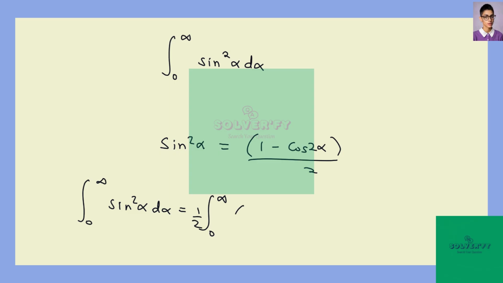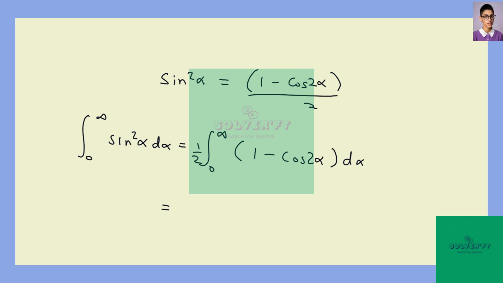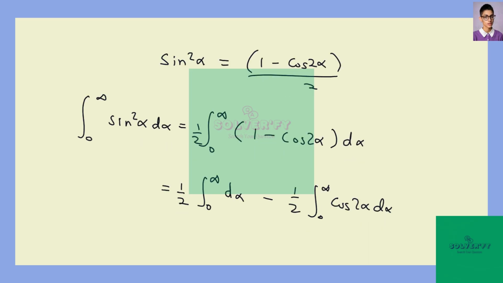We can bring the half out so that we have 1 minus cos 2 alpha. So we split it into two: half the integral from 0 to infinity of d alpha, minus half the integral from 0 to infinity of cos 2 alpha d alpha.